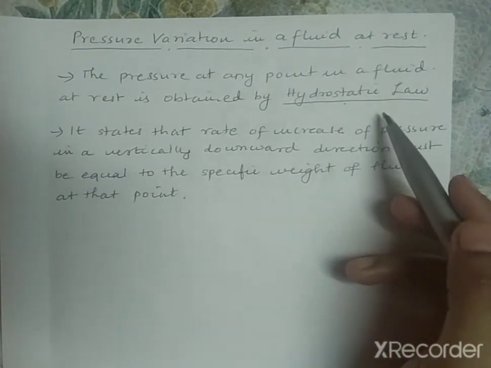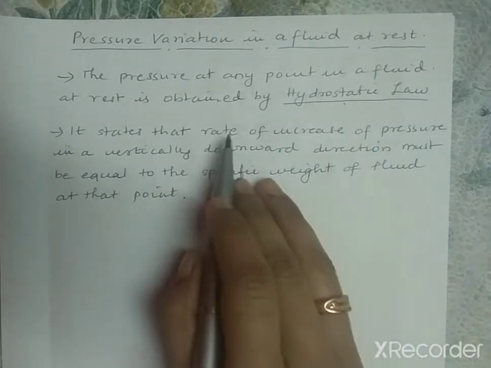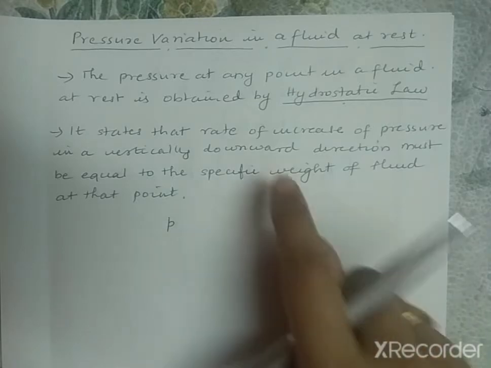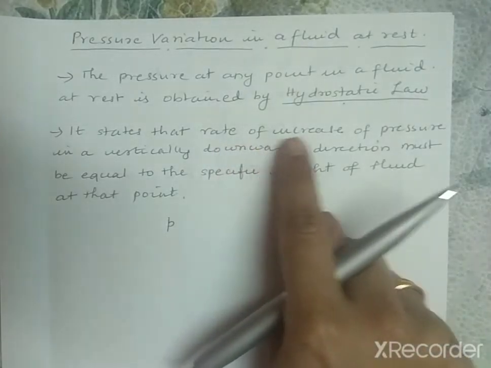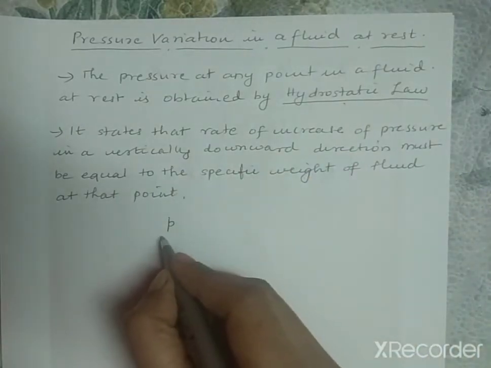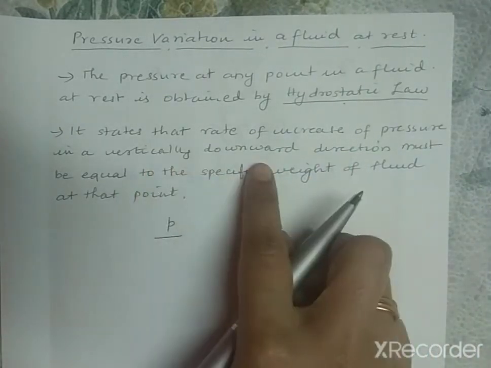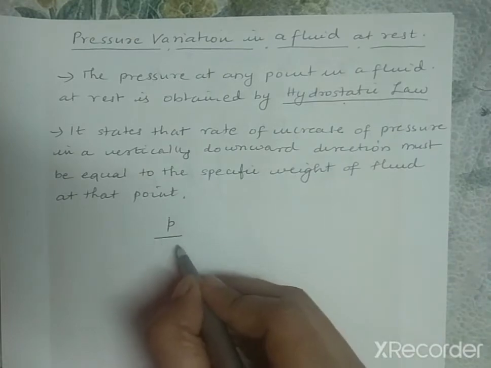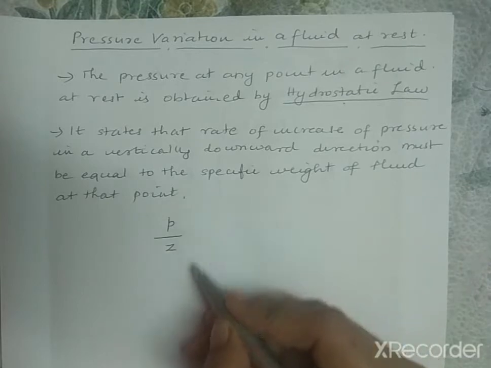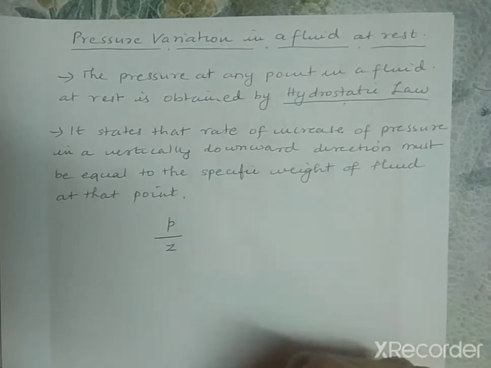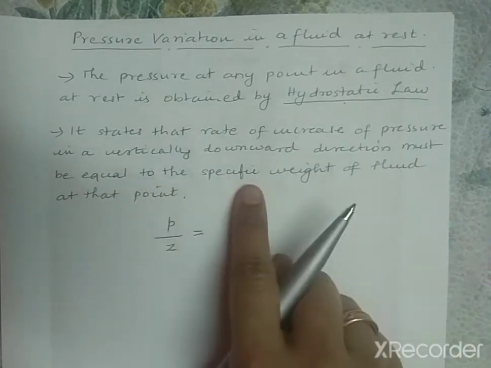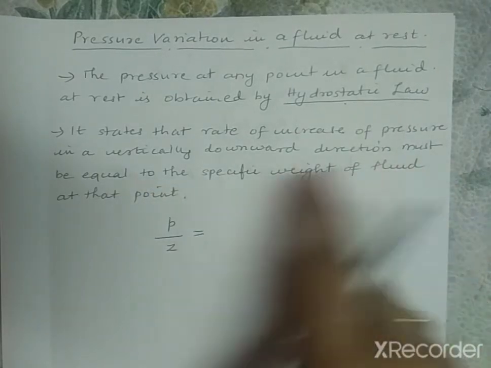Mathematically we can write this statement as: pressure is small p, so the rate of increase of pressure in the vertically downward direction is dp by dz, where z is the length along the vertically downward direction, and it must be equal to the specific weight of the fluid at that point.